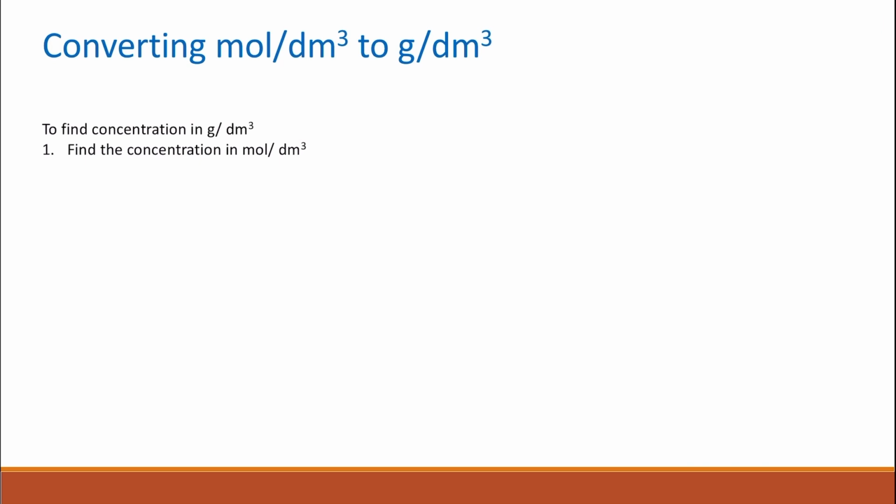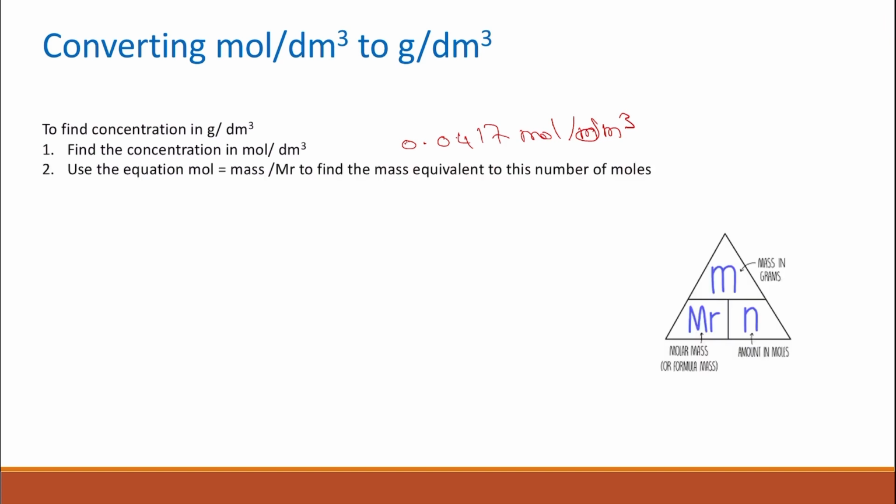In the previous example, we found that the concentration was 0.0417 mole per decimeter cubed. The next step is to use the equation moles equal mass over formula mass, or relative atomic mass if we are talking about atoms, to find the mass equivalent to this number of moles.